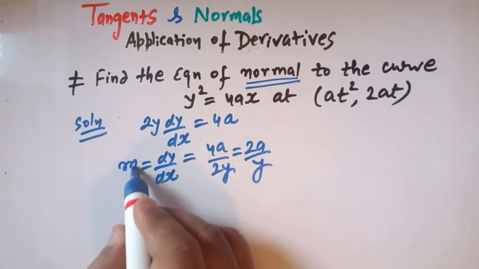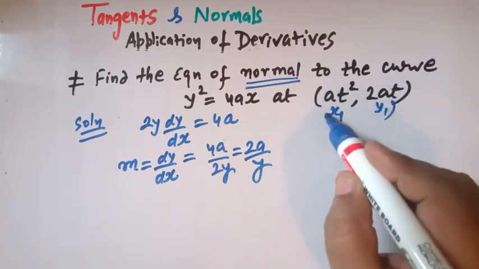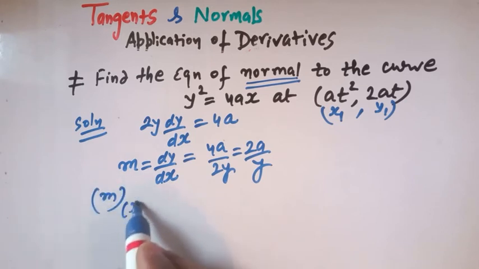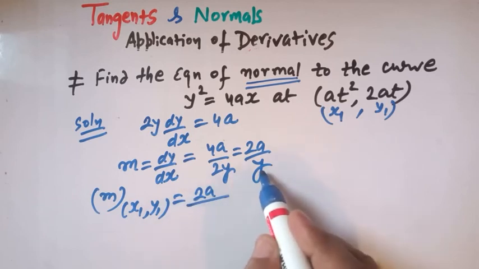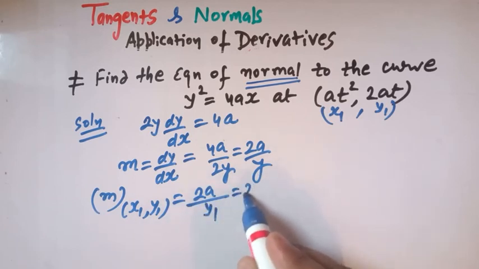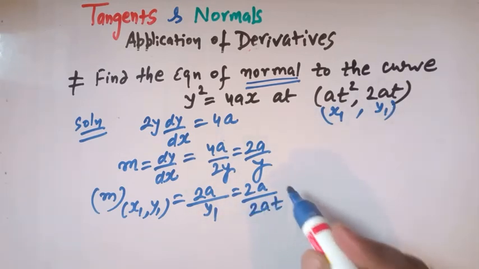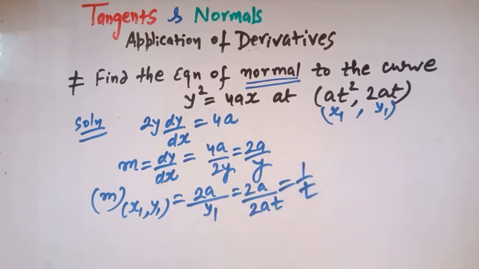Now this is the slope of the tangent. Now this is x1, this is y1. Clear? So the slope at (x1, y1) is 2a/y1. This is equal to 2a divided by y1. y1 is 2at. So 2a gets cancelled and we have 1/t.